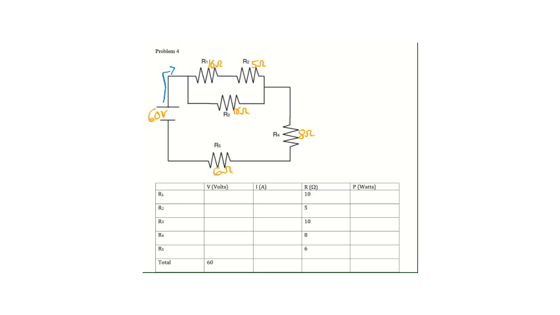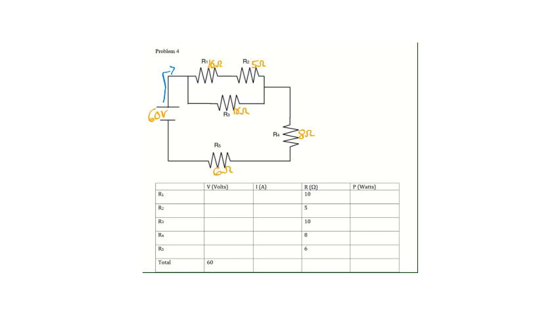But actually, there's a step before that. So let's say that you did decide to go through R1. You'll notice that you also have to go through R2. So if I go through R1, I don't have a choice about going through R2, which means that R1 and R2 are in series.